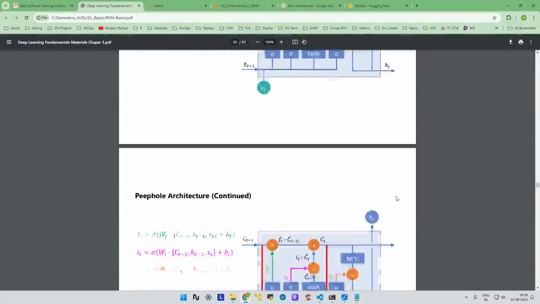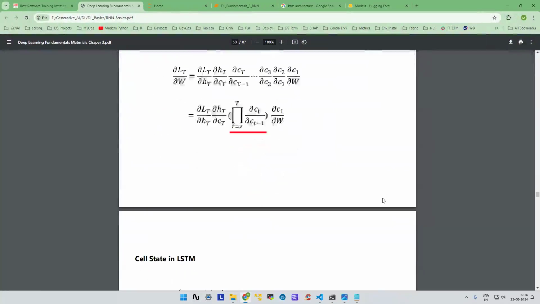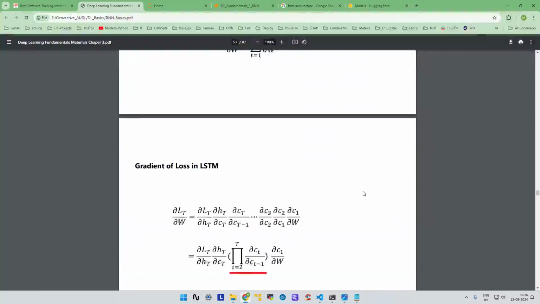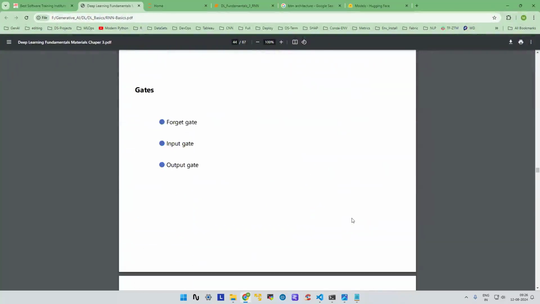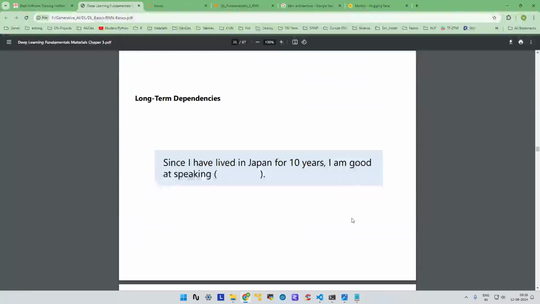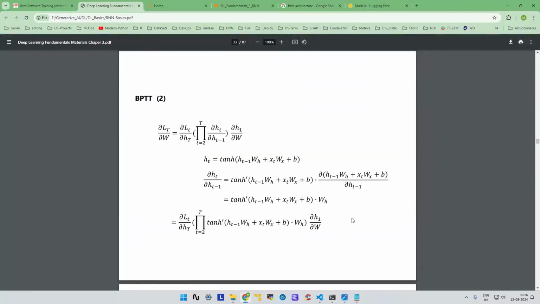And then when it comes to backward propagation, I think I forgot the backward propagation part. The only difference here is, for a regular RNN, we need to calculate dou L by dou W, but it's not possible directly.